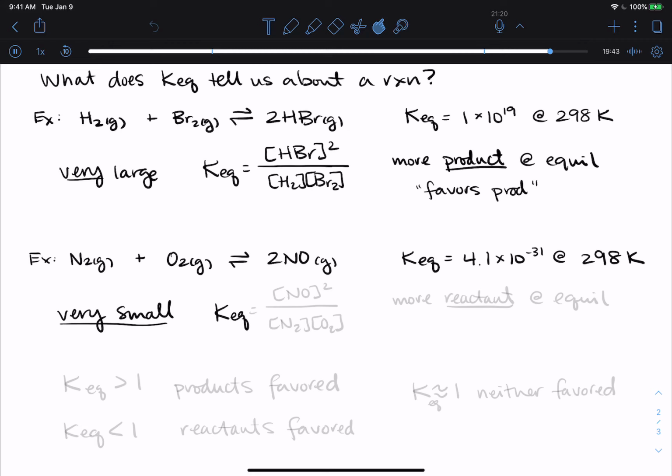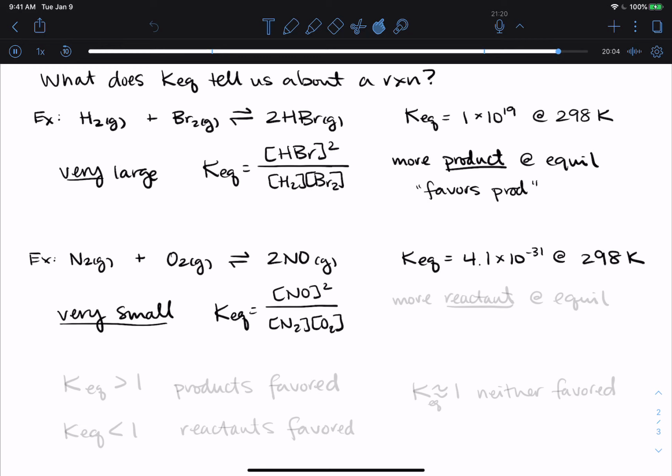If we look at the equilibrium constant expression, which is NO squared divided by N2 times O2, the way that you get a very small number is if the numerator is smaller than the denominator.